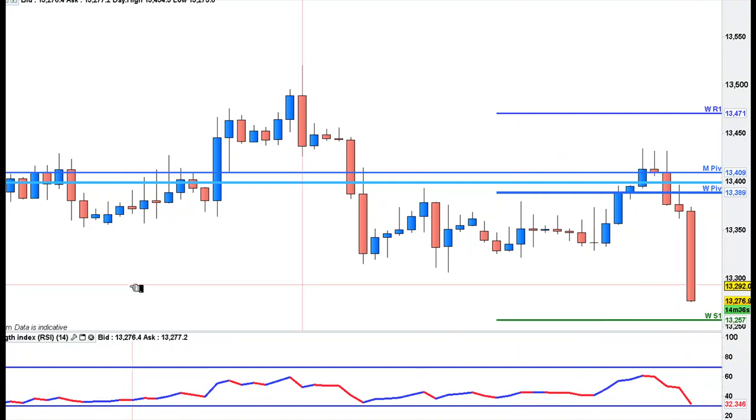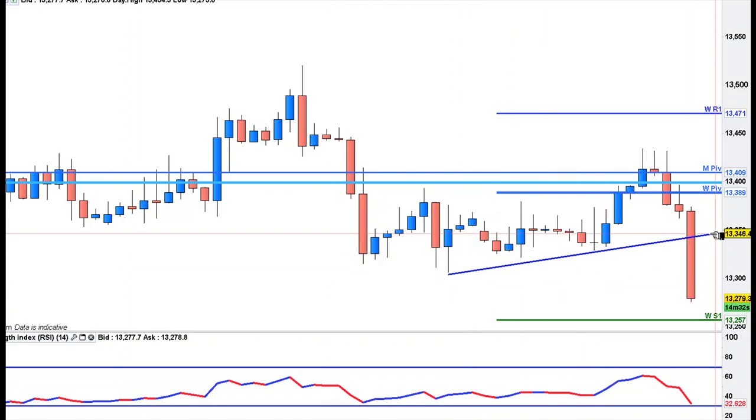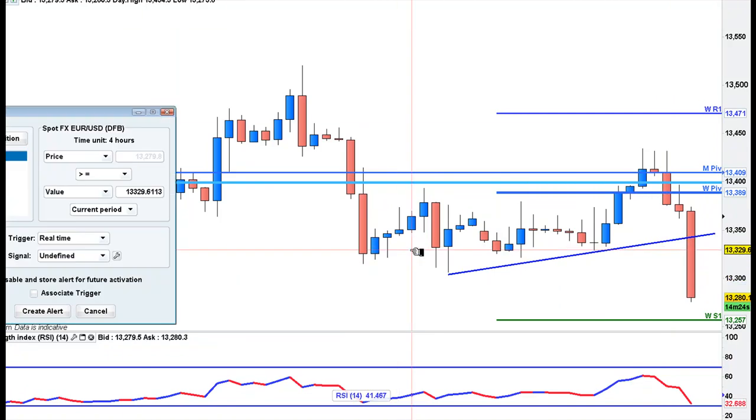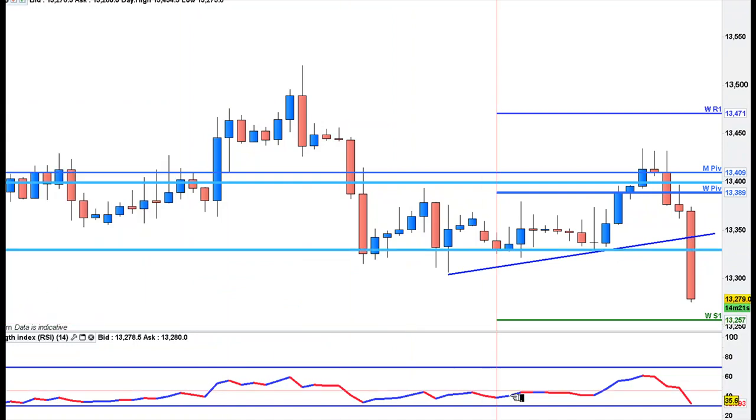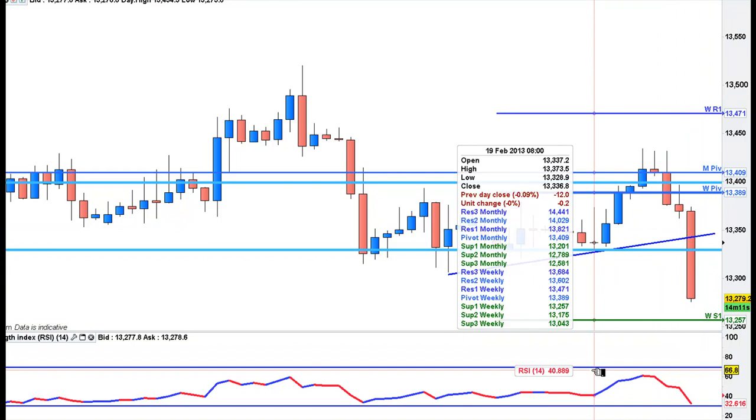Any pullback now to this area, we get a retest of 133.32, which I will put an alarm on. That is now resistance. It was support, it's now resistance, so any approach of that or 350 is now to be shorted.